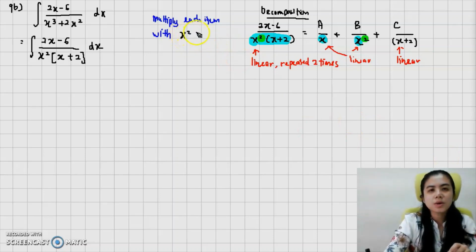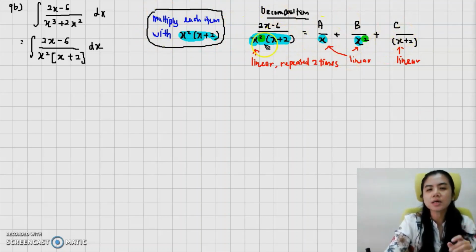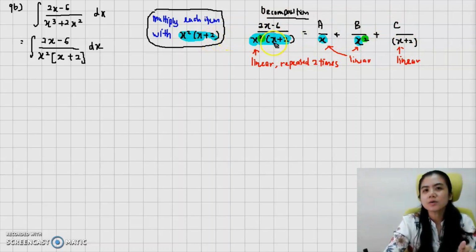Just multiply whatever you see at the left, the denominator. This is the left hand side, this is the right hand side, so the denominator of the left hand side becomes the factor.